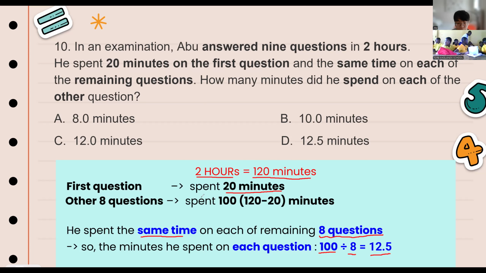How many minutes are remaining? It's 100 minutes remaining because 120 minus 20 equals 100. And since he spent the same time on each of the remaining 8 questions, the minutes he spent on each question is 100 divided by 8, which is equal to 12.5.